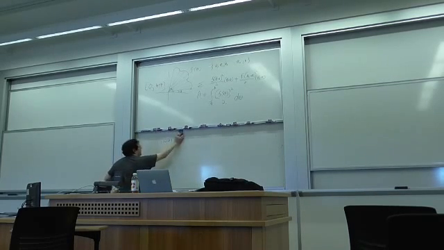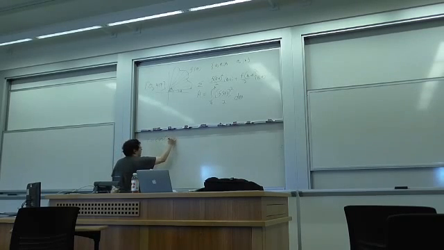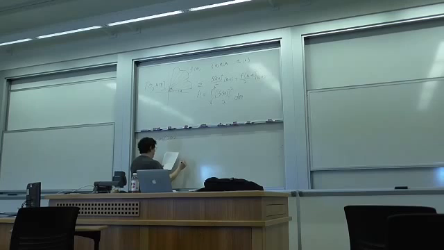I'm going to take an example we used before. r is cosine 2 theta, and I want to integrate it from minus pi over 4 to pi over 4.